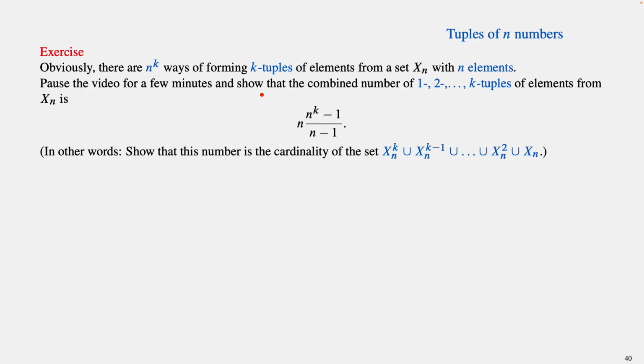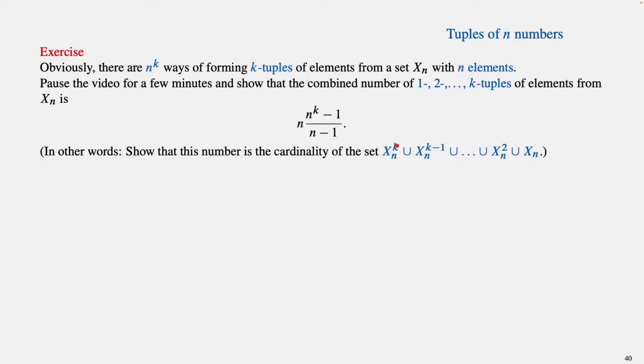Now, take some time and show that the combined number of 1-tuples, 2-tuples, 3-tuples, up to k-tuples of elements from this set is n times the fraction n to the power of k minus 1 divided by n minus 1. Okay, so in other words, show that the cardinality of this set equals that number.